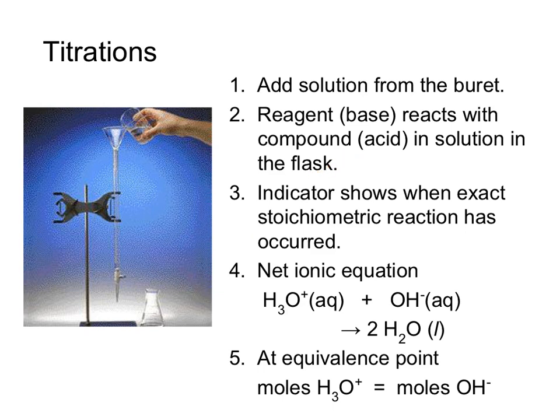An indicator shows when the exact stoichiometric reaction has occurred. And if you recall that if it's an acid-base reaction, our net ionic equation looks like this. And so at the equivalence point, when an exact stoichiometric reaction has occurred, we have added exactly enough OH- to be equal to the moles of H3O+ that were initially present.